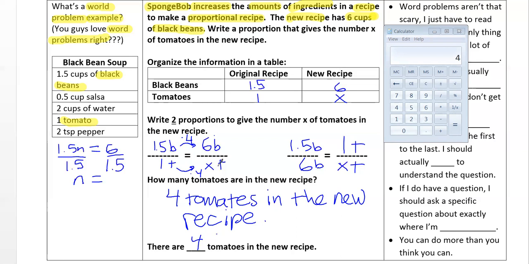I could have also done it vertically. How do I get from 1.5 to 1? 1.5 times some magical factor, and this time we'll use F, equals 1. I'm going to divide both sides by 1.5. And what are we going to get? 1 divided by 1.5 equals 0.6667. So I multiply 1.5 times 0.6667 and I get 1.